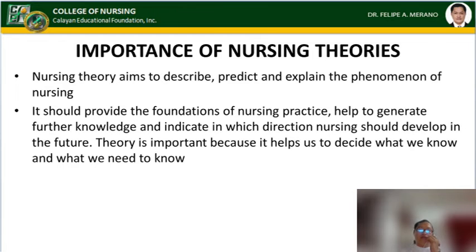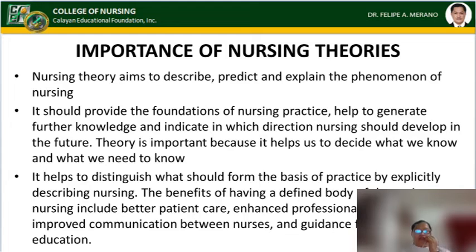It should provide a foundation of nursing practice, help to generate further knowledge, and indicate in which direction nursing should develop in the future. Theory is important because it helps us to decide what we know and what we need to know. It helps us to distinguish what should form the basis of practice by explicitly describing nursing.